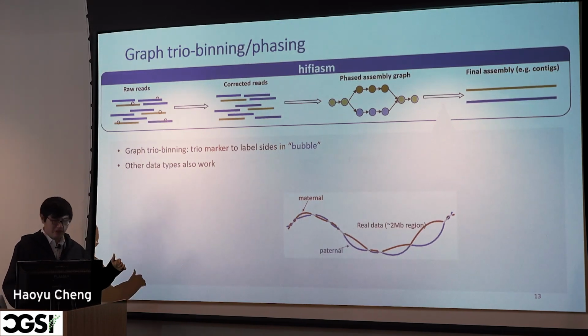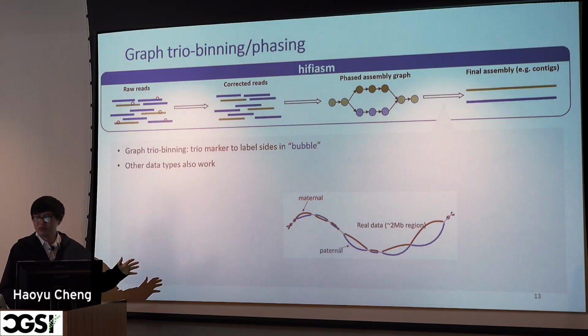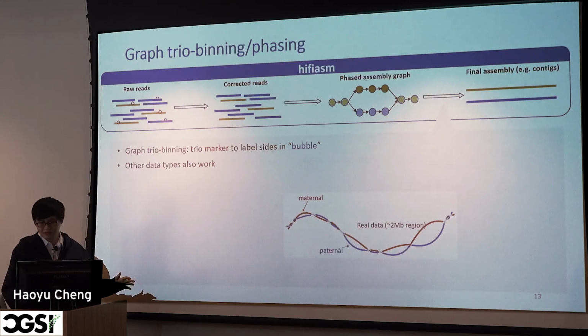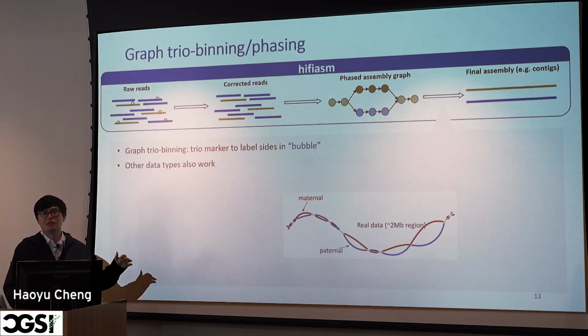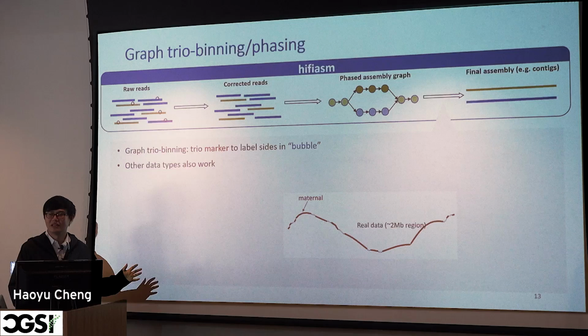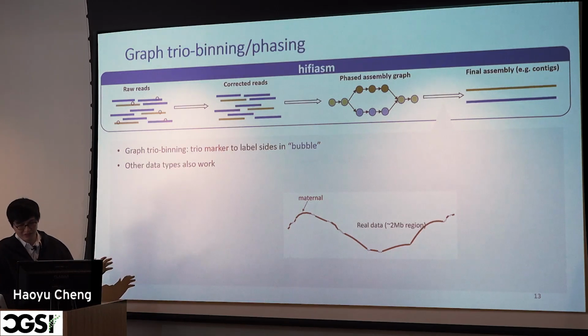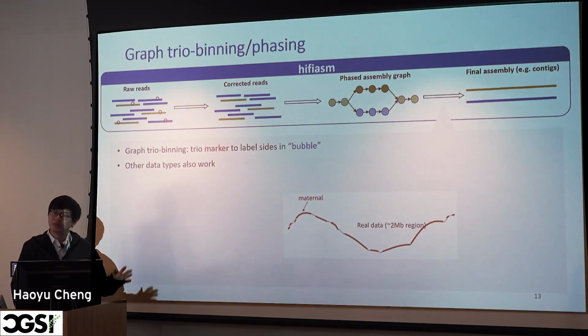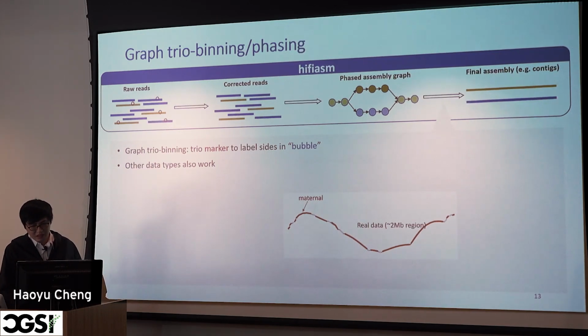So if we would like to get the maternal haplotype, for example, we just find the path from the left end to the right end including the most nodes in red. So it's just like this. But in practice, there are a lot of other heuristic strategies and optimizations. So it's just showing a simple example here, just to give you a sense.